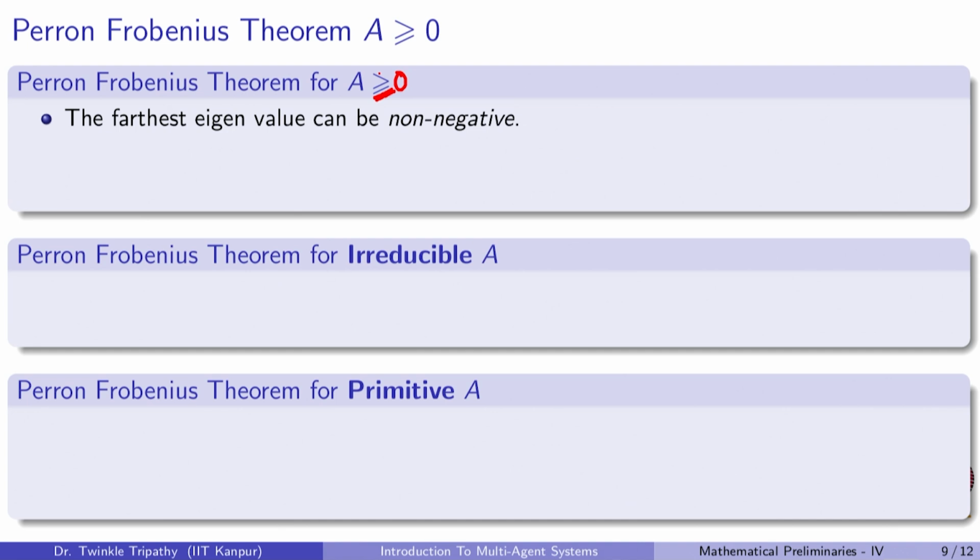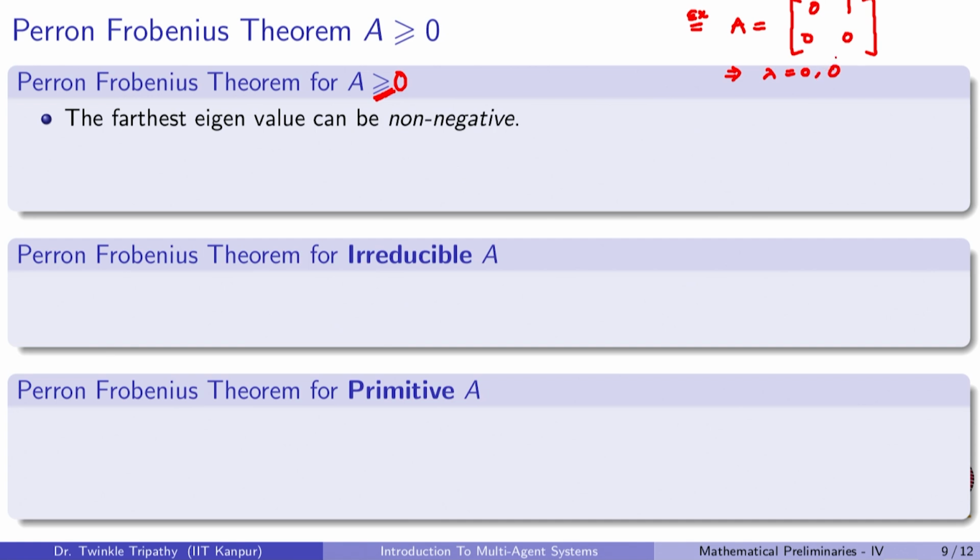Let's see an example for it. Suppose we consider the matrix. This is now a non-negative matrix. What are the eigenvalues of this matrix? It is simply 0, 0.